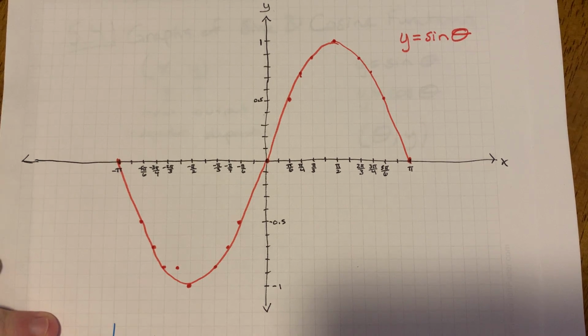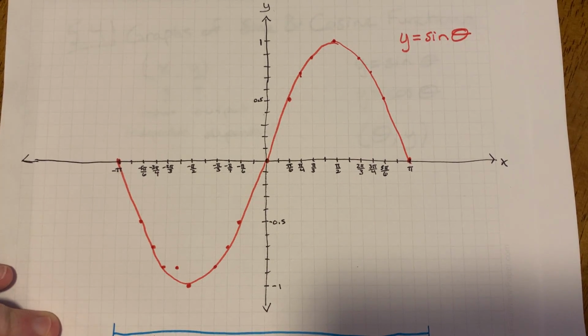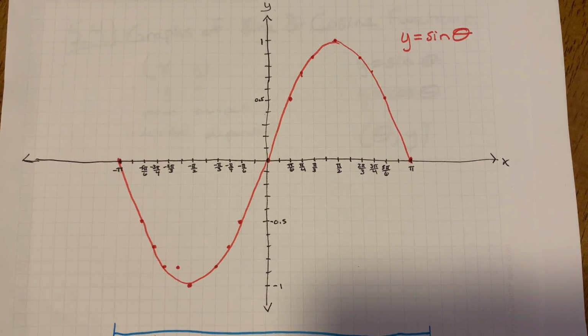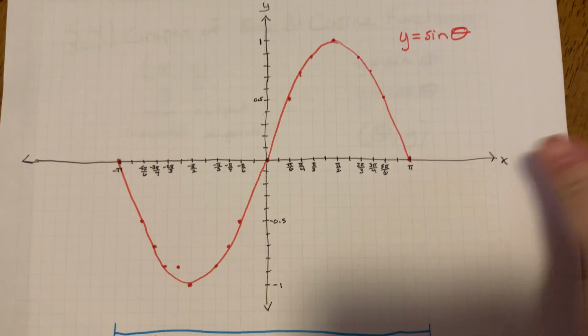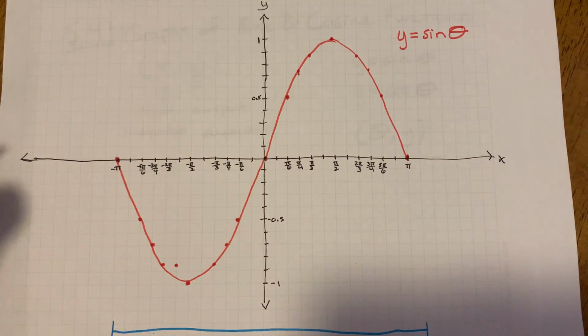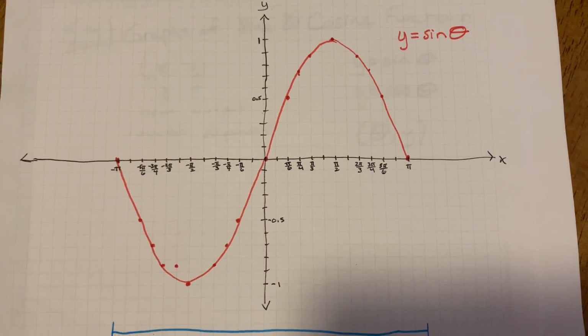So this width from negative pi to pi, or 0 to 2 pi, is called the period. And for sine, the period is 2 pi, because this piece will repeat infinitely to the right and infinitely to the left because we have coterminal angles.